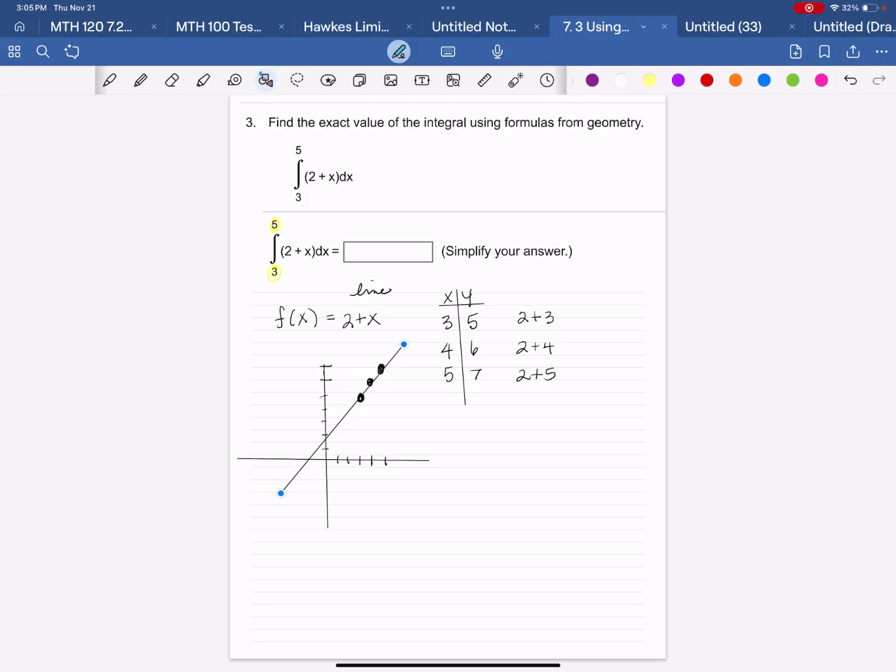Now, what we're asked to do when they give us this integral is find the area between that line, which we can call it a curve, but you know it's not really curvy, and the x-axis down here. So the area I'm actually looking for is this area here, just between 3 and 5.